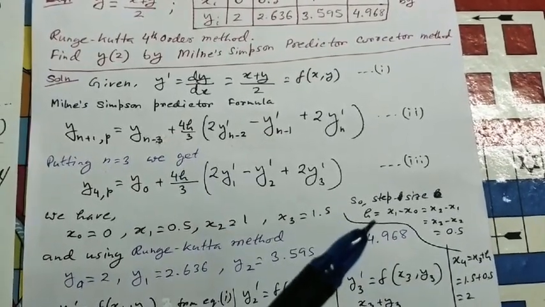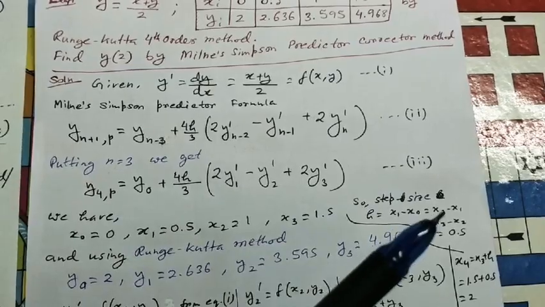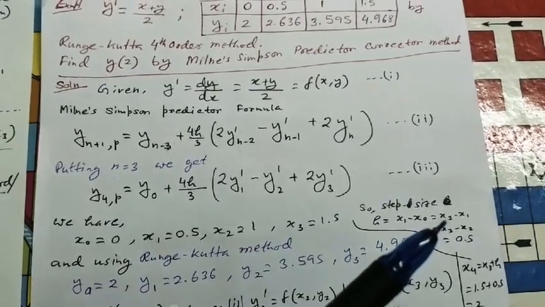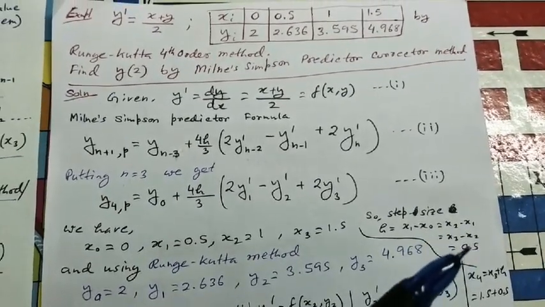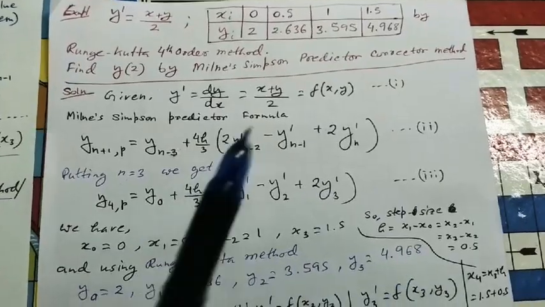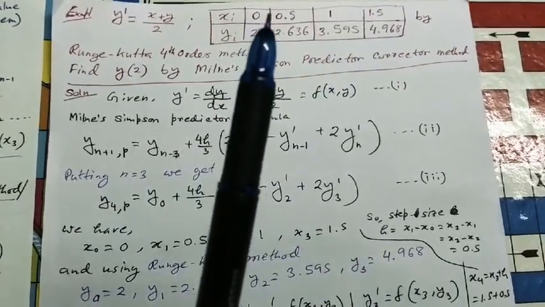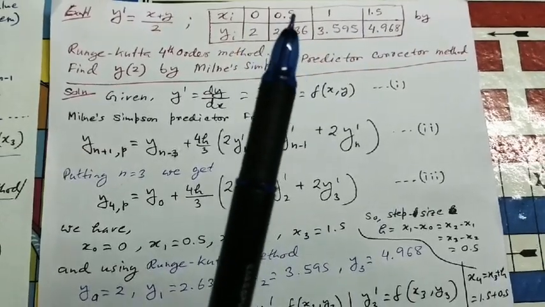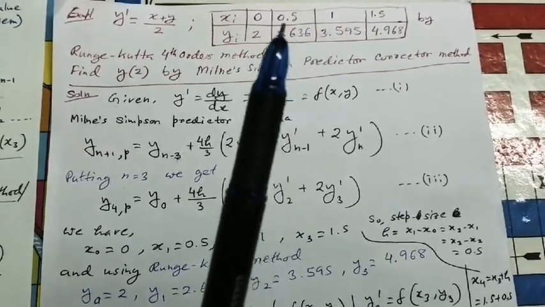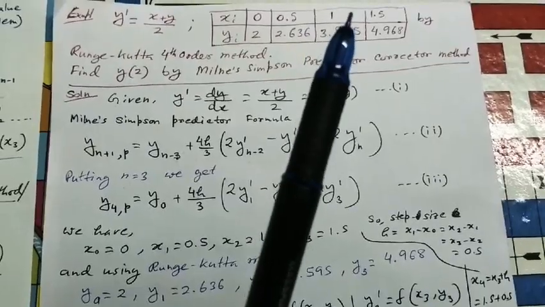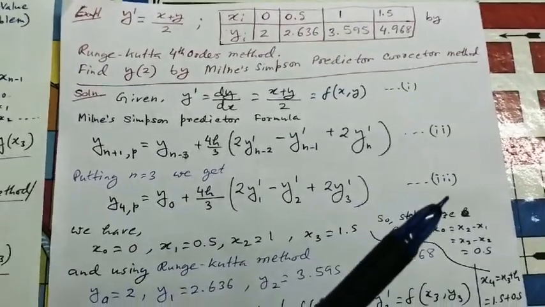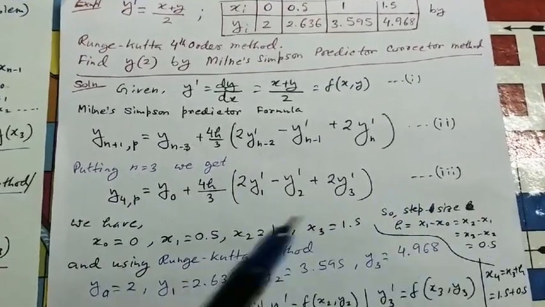So h equals x1 minus x0, or x2 minus x1, or x3 minus x2, equals 0.5. All these differences are 0.5. So 0 and 0.5 difference is 0.5, 0.5 and 1 difference is 0.5, 1 and 1.5 difference is 0.5. So the value of h will become 0.5.